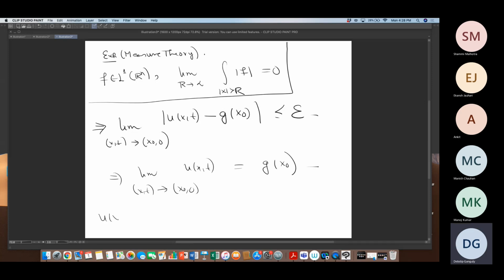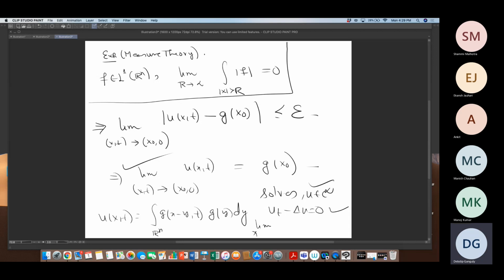So this function u(x,t), the integral of p(x minus y, t) g(y) dy, solves u_t minus Laplacian of u equal to 0. You see the first, second, and third: the limit as (x,t) tending to (x_0,0) of u(x,t) is equal to g(x_0). All three are done. Clear?